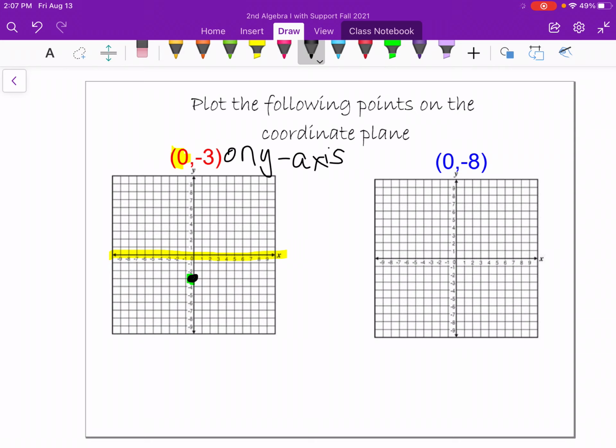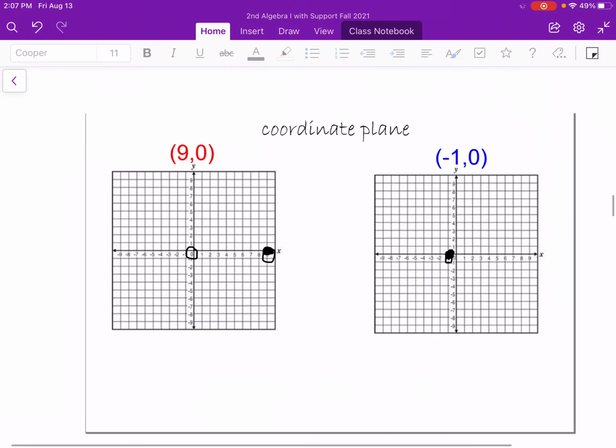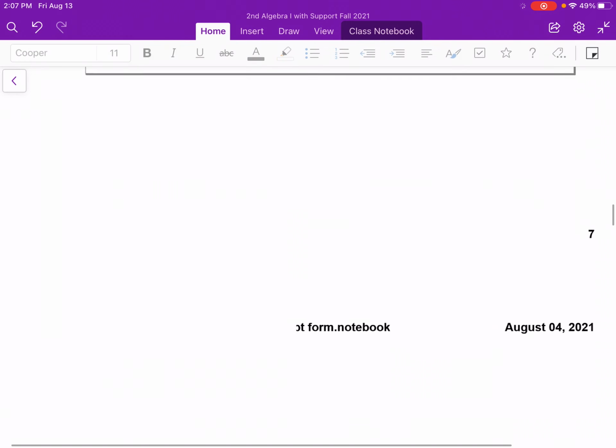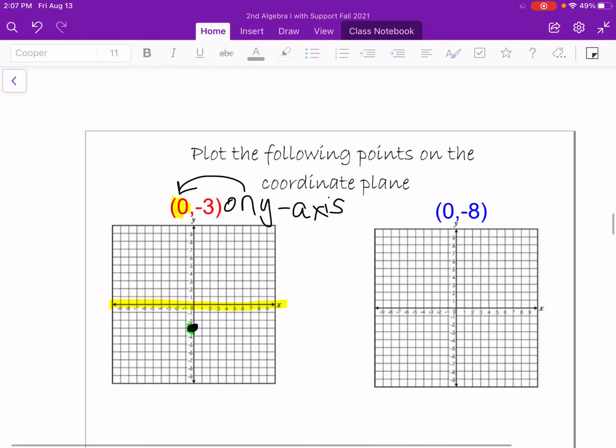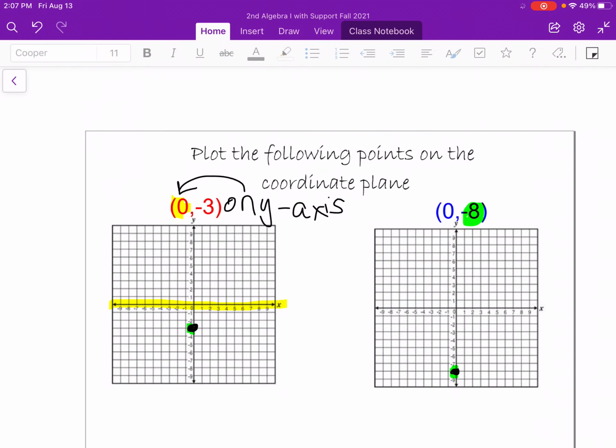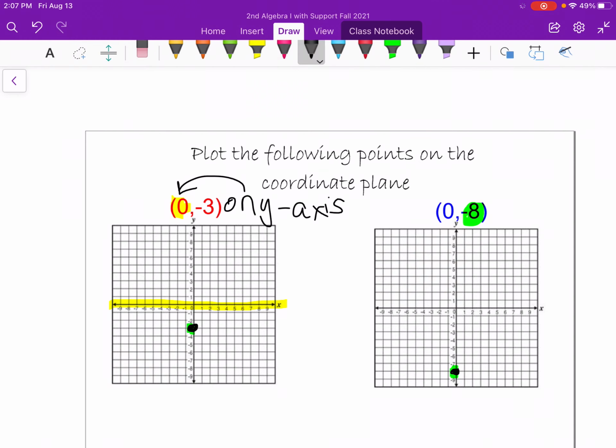So if the 0 is first, it's on your y-axis, as opposed to in the previous two examples, where the 0 was second, so it's on the x-axis. Okay? So 0, -8. So -8 on my y-axis is right here. So my point 0, -8 is right here. So again, the 0 came first, so it's on my y-axis.